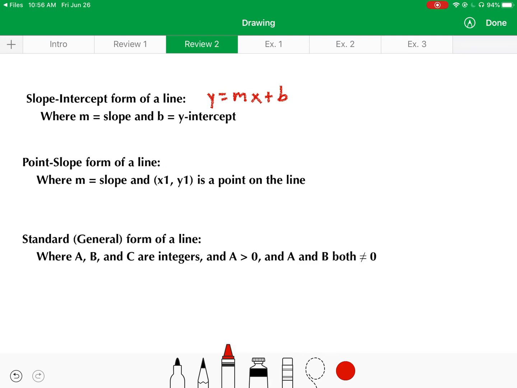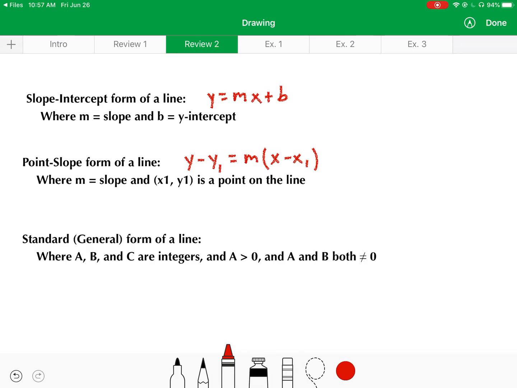Then we have point slope form for a line. y minus y sub 1 equals m times the quantity x minus x sub 1. And the reason this is called point slope form is because the values of x sub 1 and y sub 1 come together to give you 1 point on the line. And then m is, of course, your slope for the line.